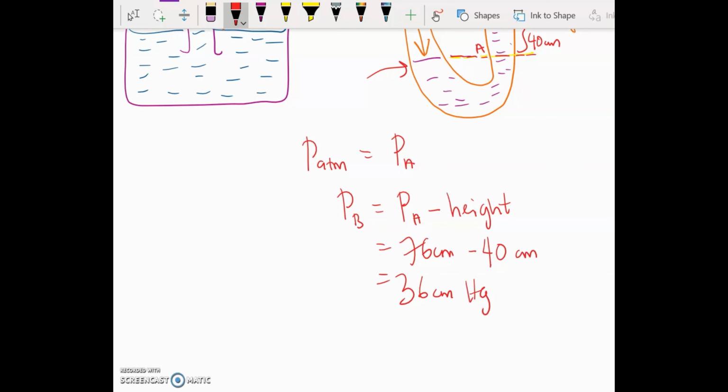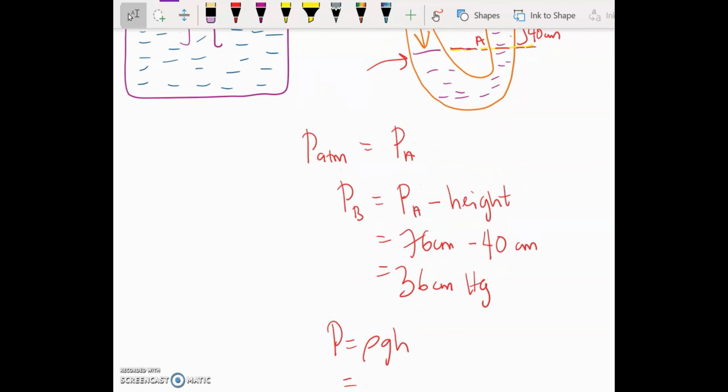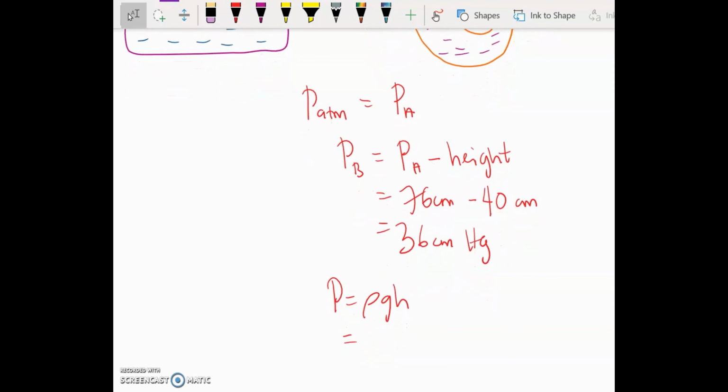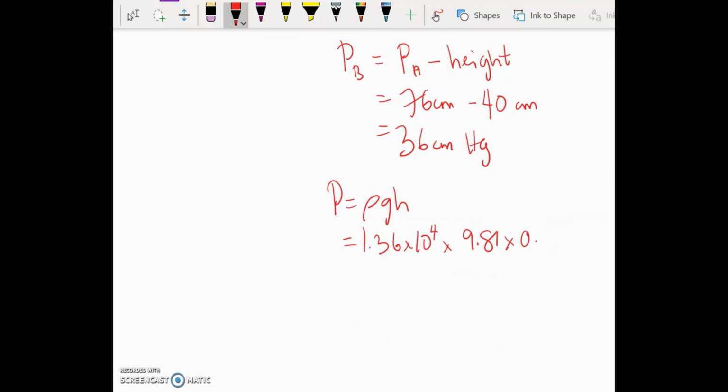Okay, if the question asks you to convert, then you just convert to Pascal using the same formula, P equals rho GH. So pressure of mercury: 1.36 times 10 to the power of 4 times gravitational acceleration 9.81 times height of mercury, which should be in meter, 0.36.